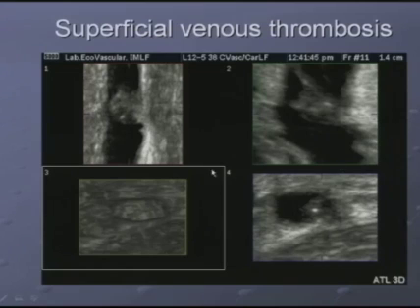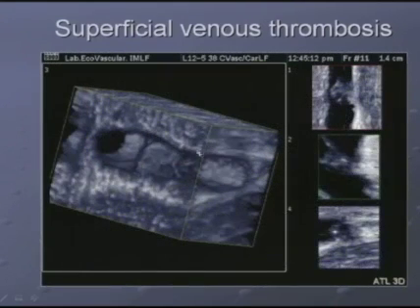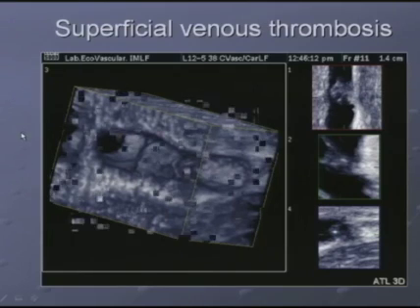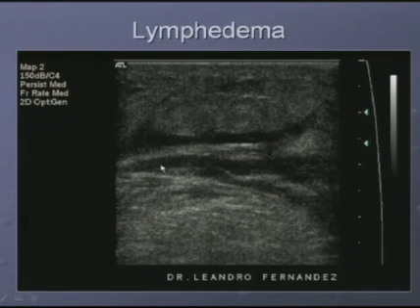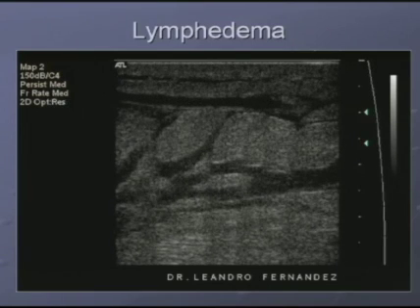With three-dimensional ultrasound, we can make reconstruction of venous thrombosis, and this is the case that we are observing the thrombus in a very superficial vein. Lymphedema can also be assessed with superficial ultrasound, and different grades of lymphedema can be determined.